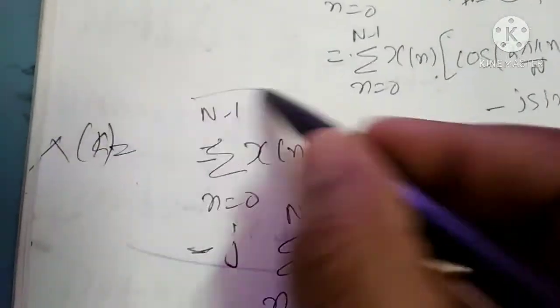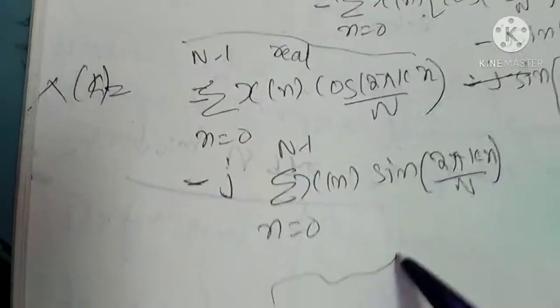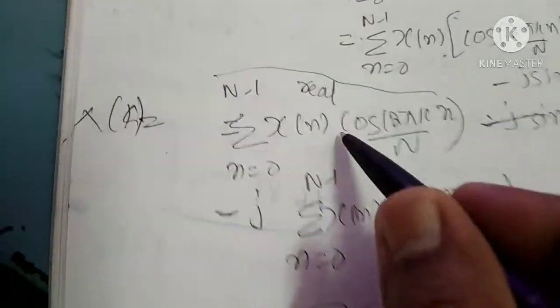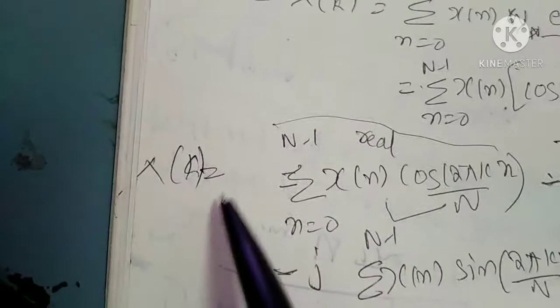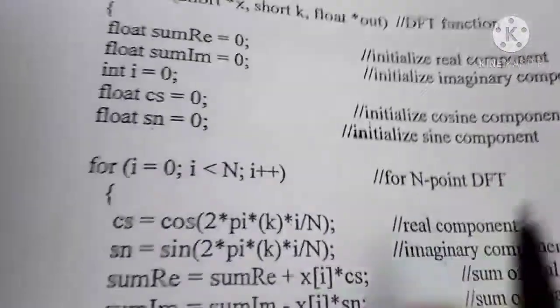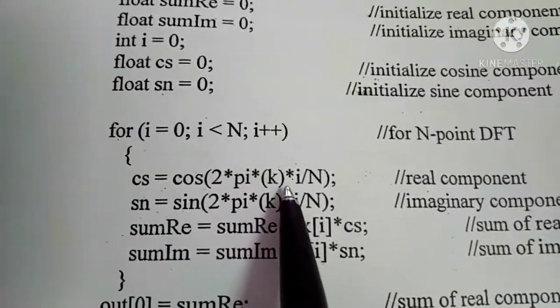So this part we call the real part, and this part we call the imaginary part. So in the program we are calculating this separately and this separately, and we are adding them, representing them in a fashion that can be read and understood.